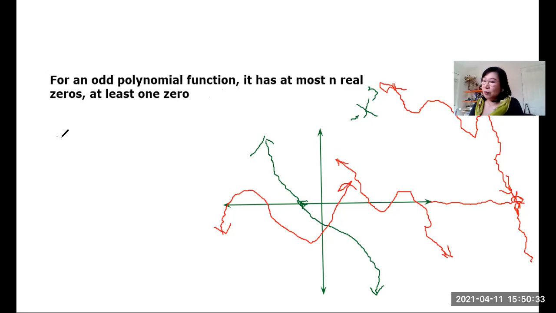Okay, now what is the next thing I would like to say? A polynomial function is written in standard form if its terms are written in descending order of exponents from left to right. So usually when you write the polynomial function, you always write in the descending order, higher degree first.